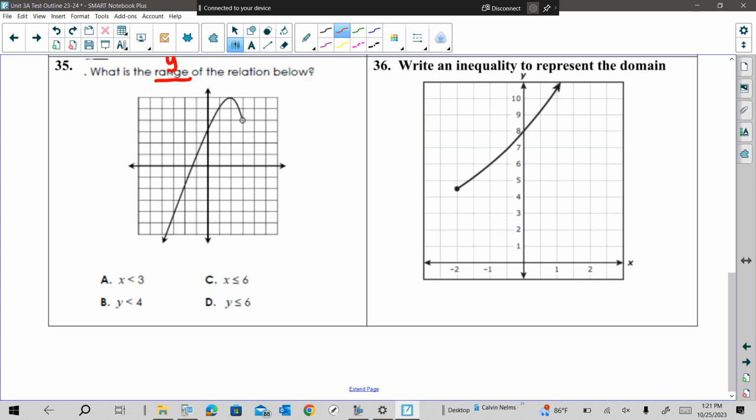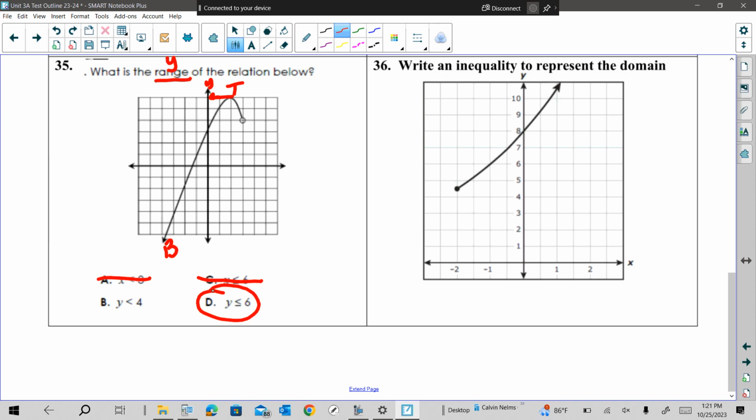So right off the bat, I should eliminate some answer choices, because A has an x in it and C has an x in it. Now I'm down to 50-50. Remember, range is bottom to top, but you're looking at the y-axis.